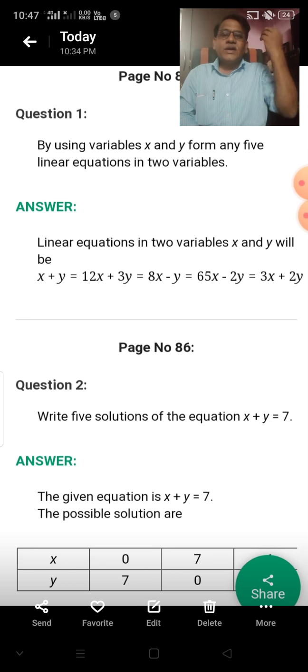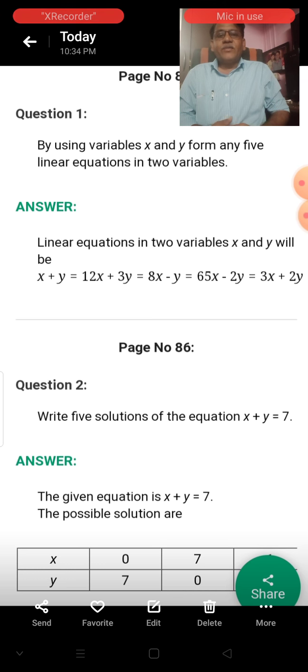Before the assignment, now we start the next chapter, that is the fifth chapter, linear equation in two variables. Vaishal teacher already completed ratio and proportion. Now I will start the next chapter, linear equation in two variables.